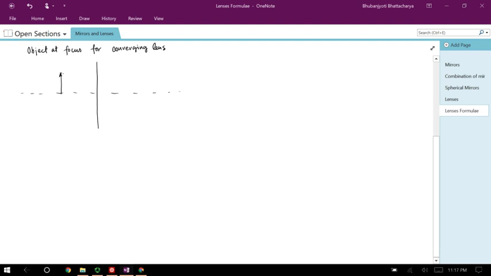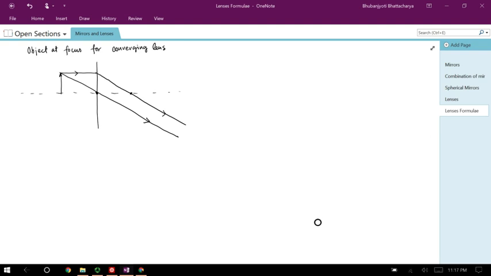This ray of light after refraction is going to go through the other focus on the other side like this. Then a second ray of light will go straight through the optical center of the lens, and it's going to go like that. These two rays after refraction will become parallel, so my image will be formed at infinity.